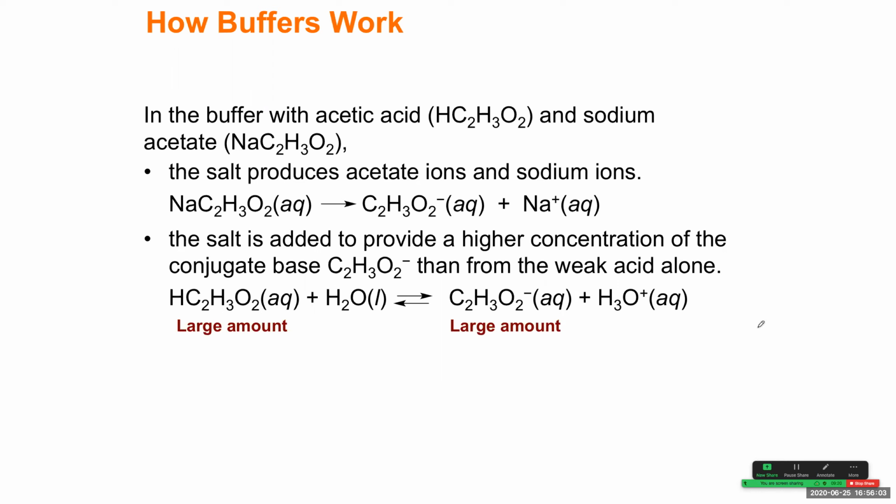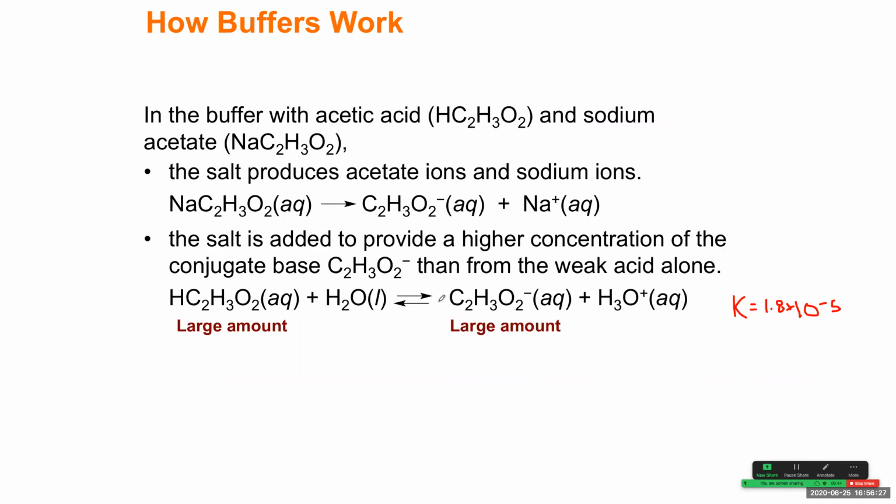This is an acid we've seen previously. The Ka was 1.8 times 10 to the minus 5. So that means that there's not very much acetate ion. So acetic acid alone doesn't make a very good buffer.